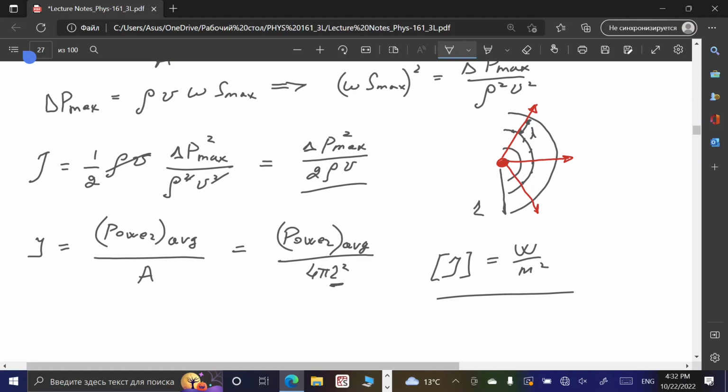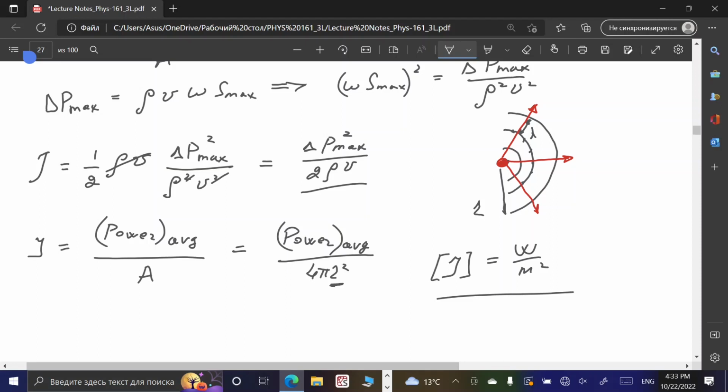I'm sure you're familiar with this, because everywhere where sound is measured, usually the sound intensity is not represented in watts per square meter, but instead we have sound level. So we cannot say that sound intensity is measured in decibels, it's wrong. Sound level is measured in decibels. Sound intensity is measured in watts per square meter. But everyone is using sound level.